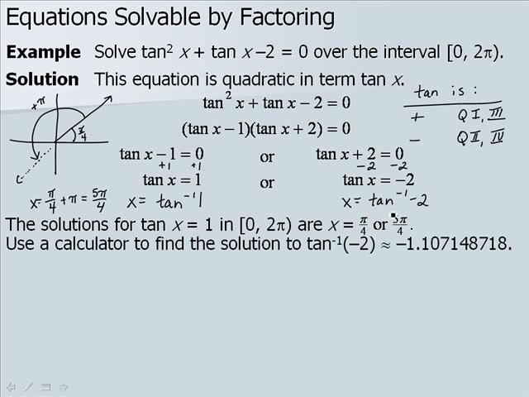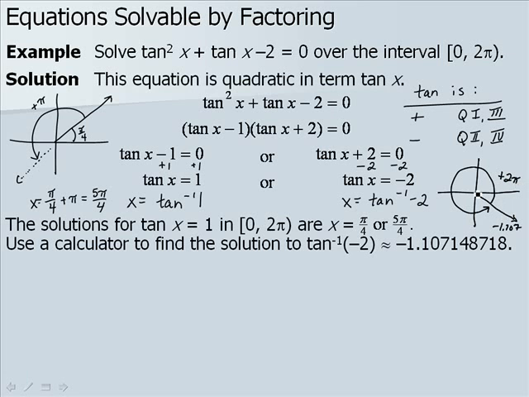Now we need to use a calculator to find our solution for tan inverse of negative 2, and we'll get a value of approximately negative 1.107, and so on. Since we're in radians, this value is in quadrant 4, which we wanted, but it's not in our interval since it's less than 0. So I need to find the coterminal angle, so I'm going to add 2 pi to it.